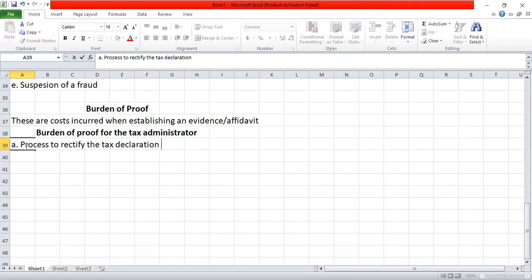The process to rectify the tax declaration of the taxpayer. If the tax administrator starts a process to rectify the declaration made by the taxpayer, the burden of proof lies with the tax administrator.